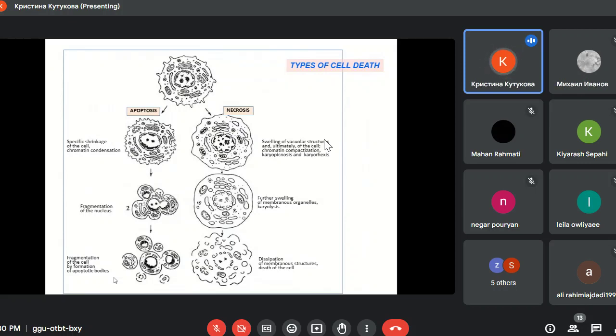So one cell dies, and others are eating the particles from this dead cell.